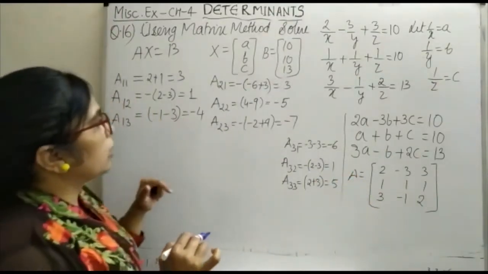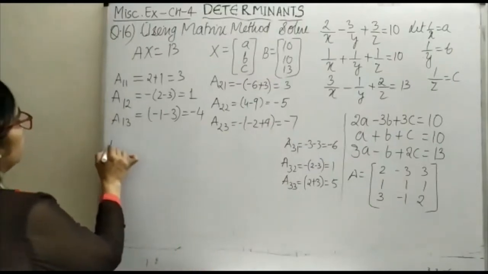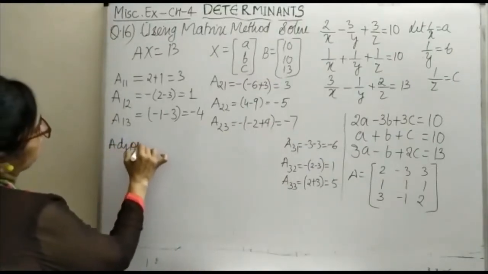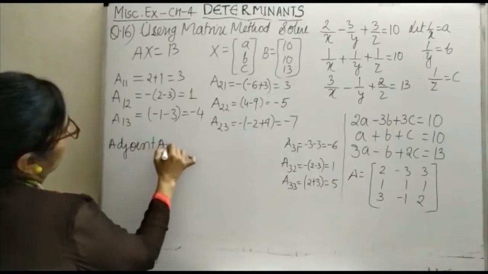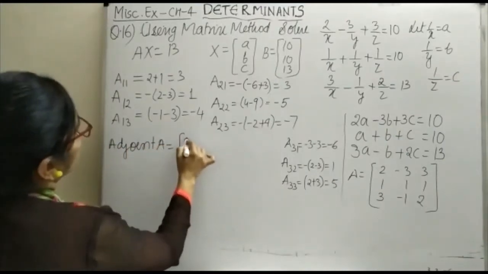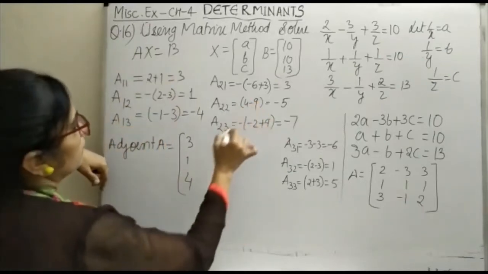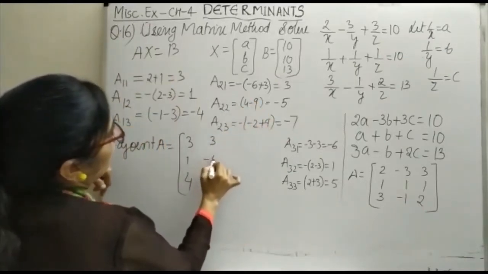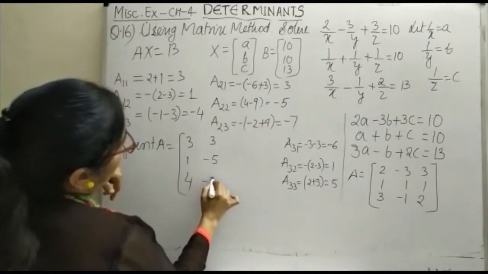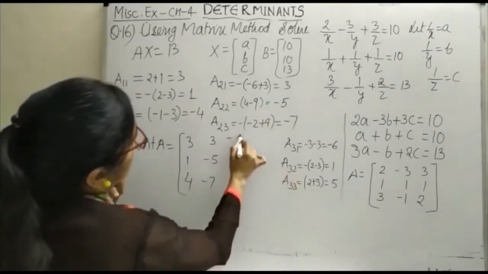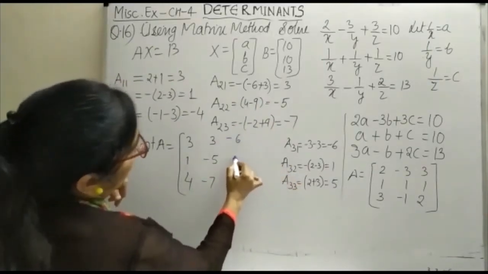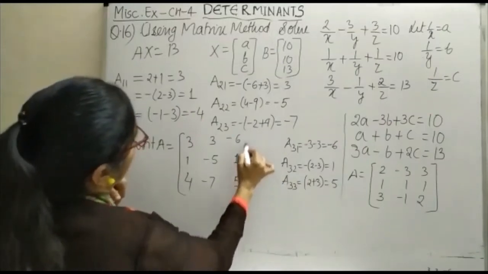So we have worked out the cofactors. Now the adjoint of A is 3, 1, 4, and we have taken the transpose, then 3, minus 5, minus 7, then minus 6, 1 and 5.